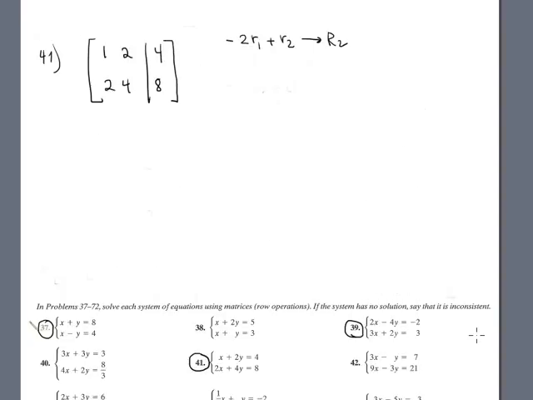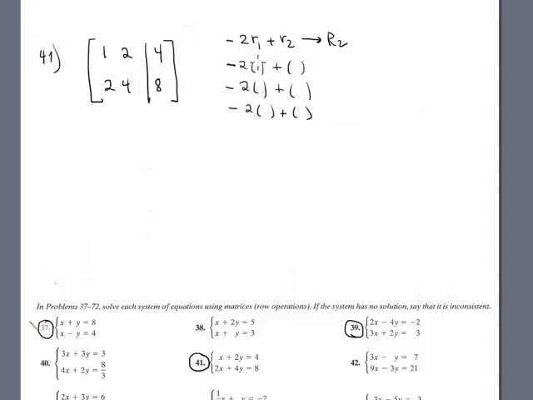Okay, 41. Again, solve the system using matrix. I copy the matrix associated with the system. I copy the first row operation. In this case, -2 multiplied by the element in the row 1 plus the element in the row 2.